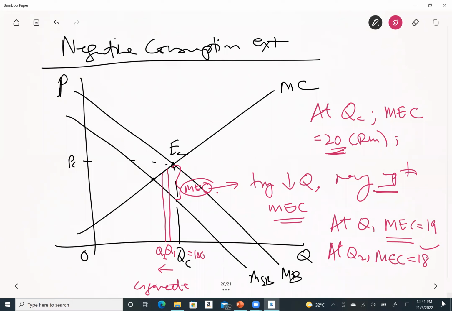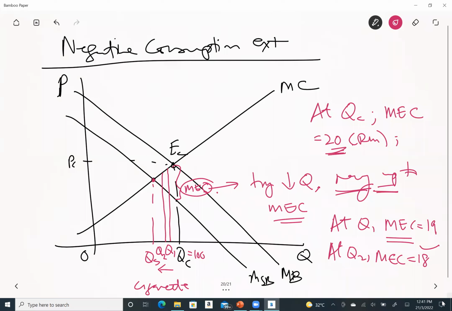So that will continue. The payment, the compensation that you give to the other party, will continue until you reach the social equilibrium point. Now, at the social equilibrium point, what is your MEC? Zero.